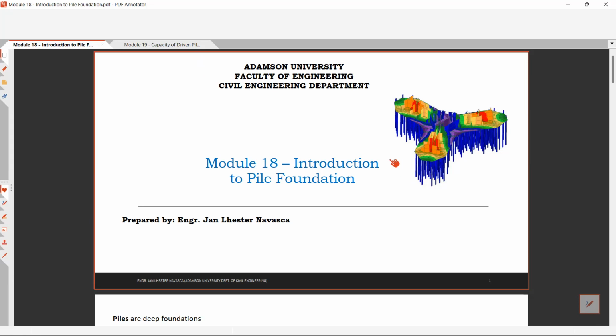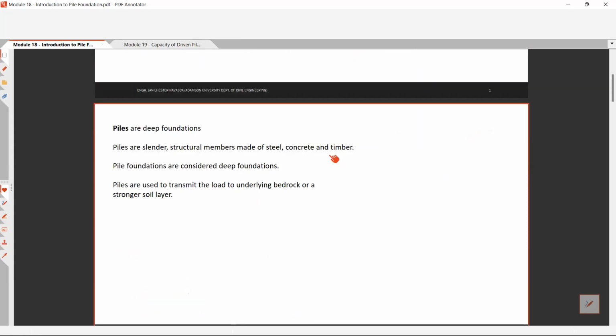Since most of the design today is based on the pile foundation, we will analyze and discuss only the pile foundations. Also, kapag dating naman ng board exam nyo, more on pile foundations yung mga binibigyan na problem for the deep foundations.